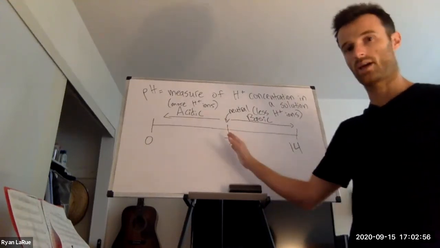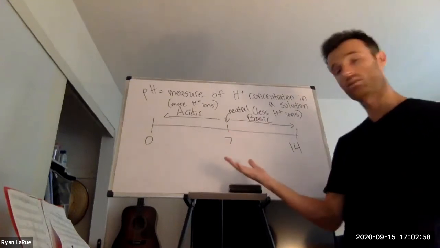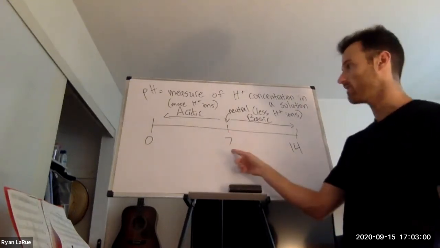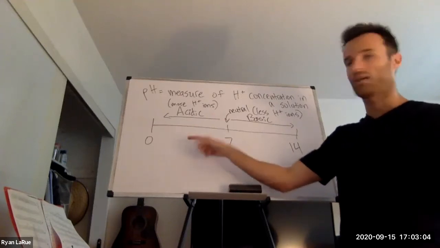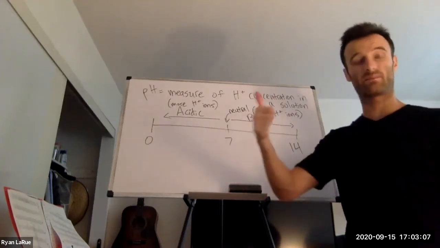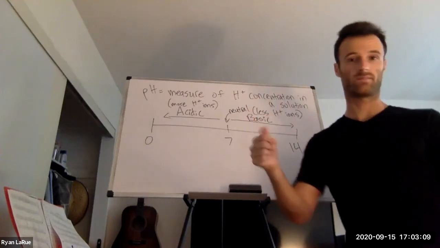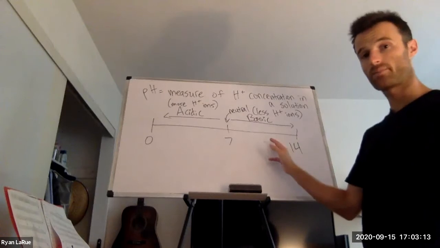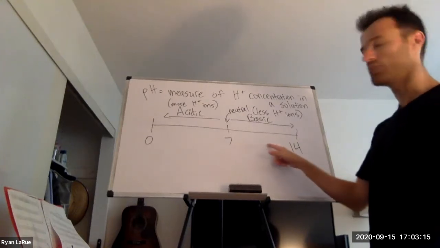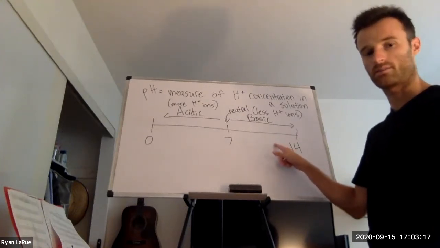So let's say we have a solution that's neutral pH of 7. When we add an acid, the pH starts to go down, and as we add that acid in, we are adding more hydrogen ions to the solution. Conversely, if we add something that's basic, it's actually going to decrease hydrogen ion concentration.